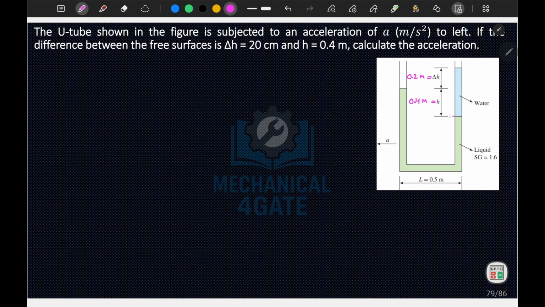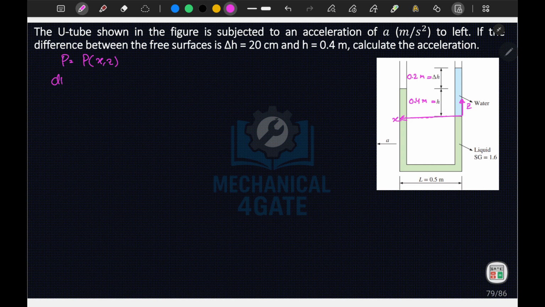So let's say that since this is the same level, at this point this is z and this is x, in the direction of a. So we can say that our pressure is a function of x comma z.